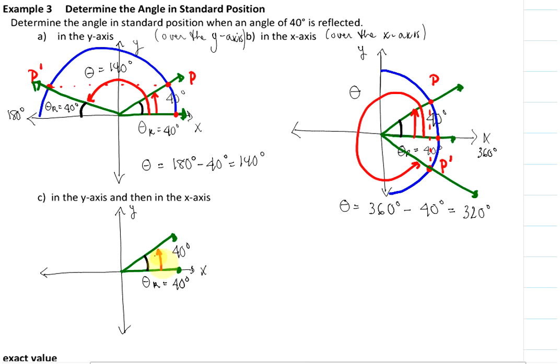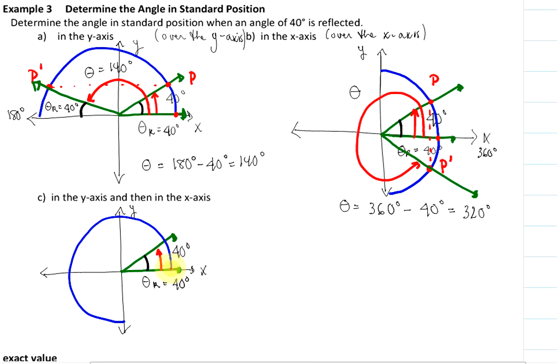Okay, so we want to reflect that over the y-axis, so we're going to reflect it into the second quadrant, and then over the x-axis, so it will get reflected into the third quadrant. So I'm going to draw part of a circle that will go through the first, the second, and the third quadrants. So it'll go like this.